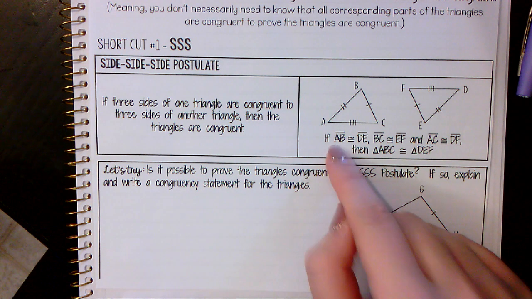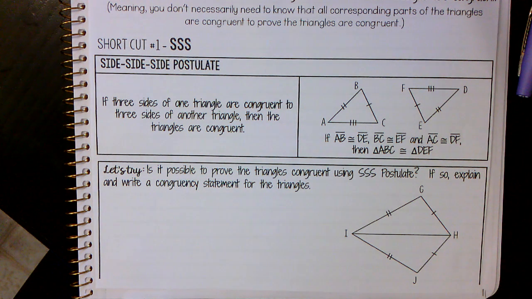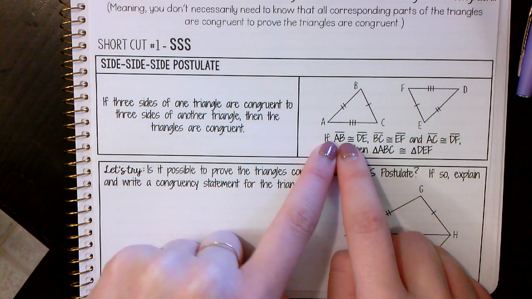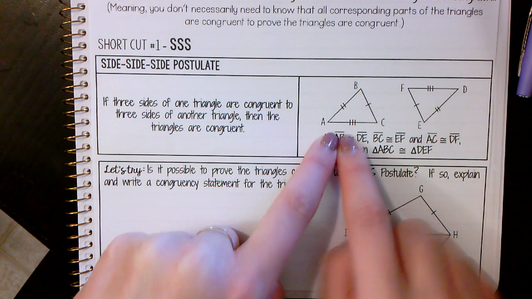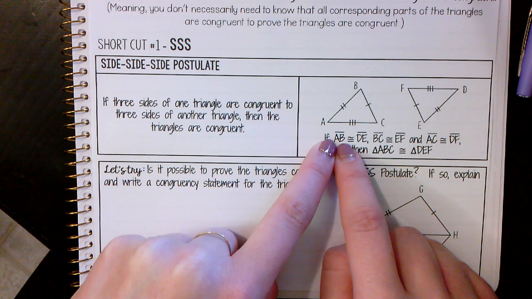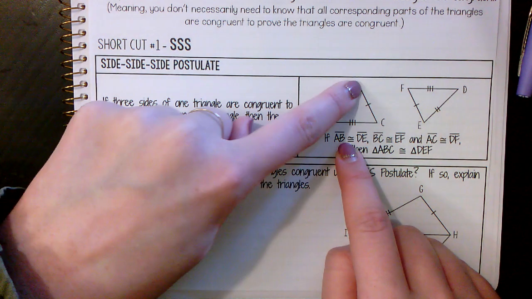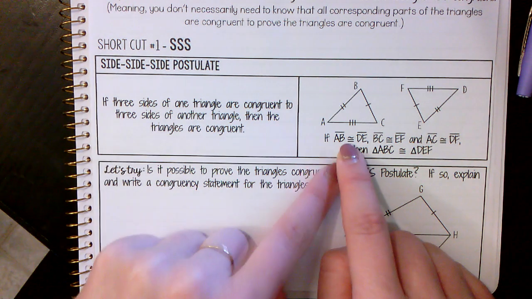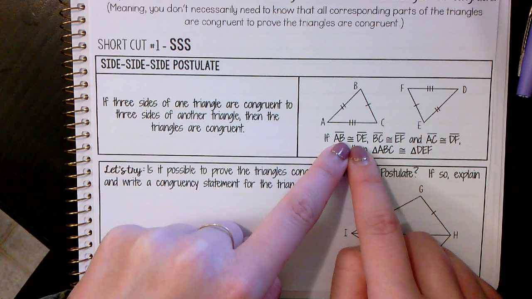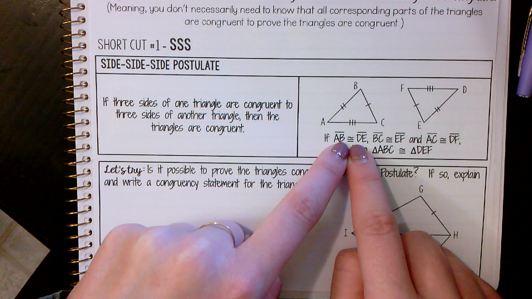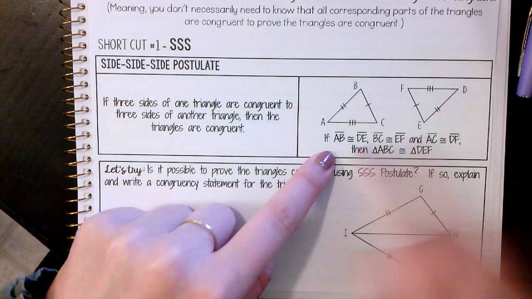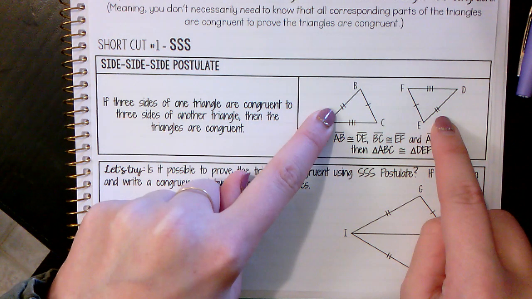So when we're writing a line segment or a side down, you write the 2 endpoint letters and you put a line above it. So this means side AB, so from A to B as one side. This is the congruent symbol. It has a little squiggly line above the equals. So AB is congruent to DE, and they both have 2 lines through them.